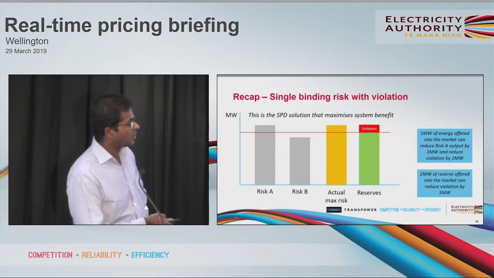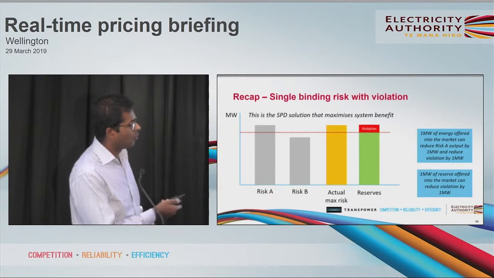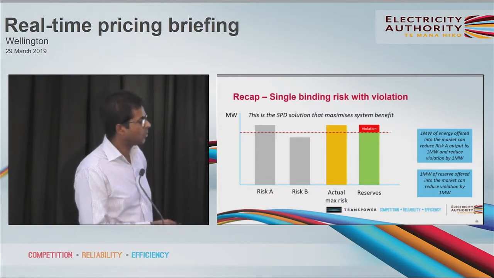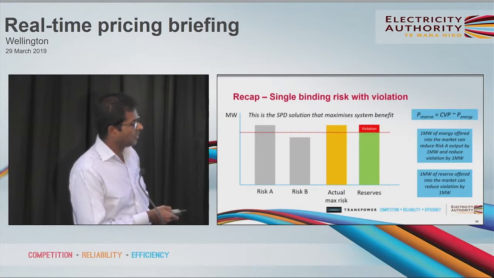Similarly, if you give me 1 megawatt of reserve, I can take that 1 megawatt of reserve and increase the amount of cleared reserves. So this red line, I can increase it, and so I can also reduce my violation by 1 megawatt. So in this situation, 1 megawatt of energy is equivalent to 1 megawatt of reserve, and we'll tend to see this kind of relationship.